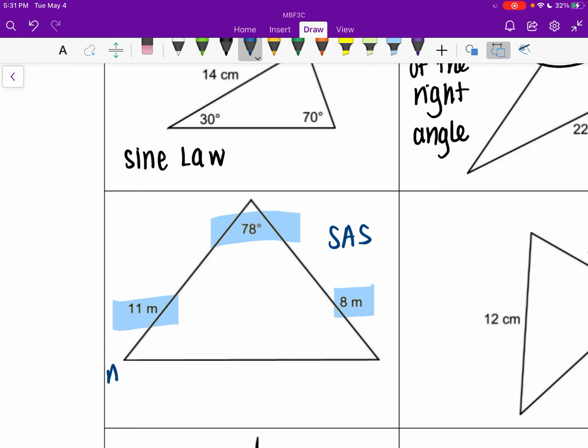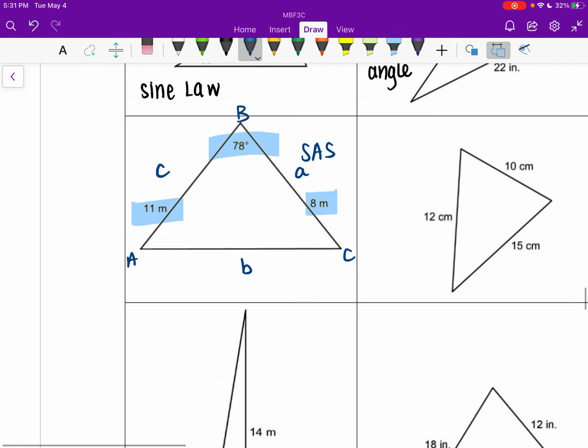Where you have, you don't have angle A, you have side A, side C, and then you have angle B, but you don't have side C. So none of them have a corresponding angle and a side. So this needs to be cosine law, because you can't make that ratio for sine law.